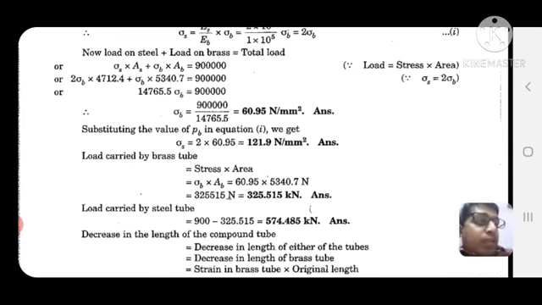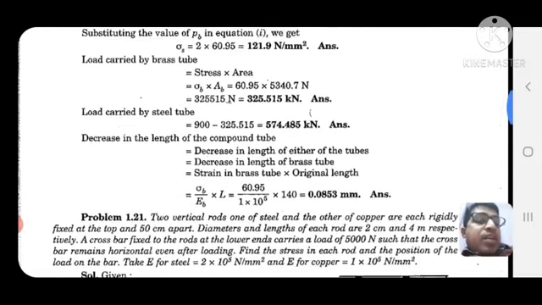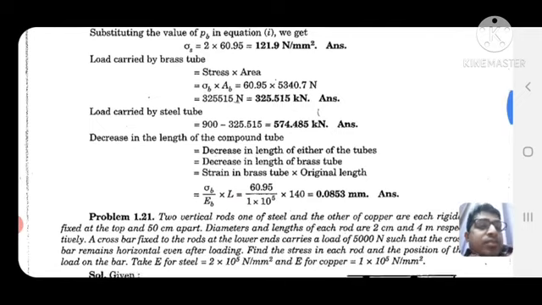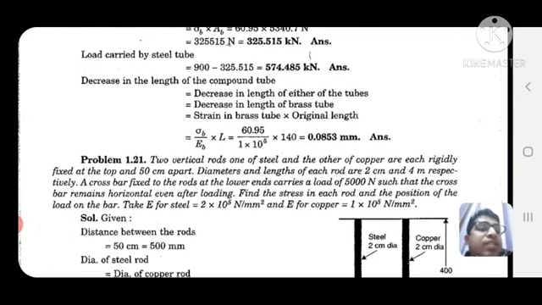When you solve this type of numerical problem, the load carried by the brass tube is equal to stress multiplied by area, and the load carried by the steel tube is equal to 900 minus 325.515. Decrease in length of either tube is equal to decrease in length of the brass tube, strain in the brass tube multiplied by original length.